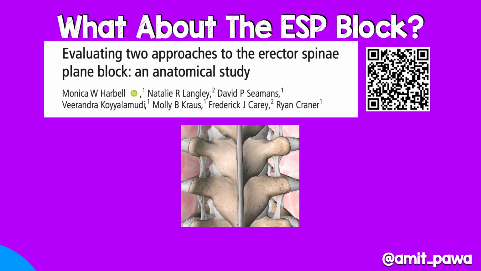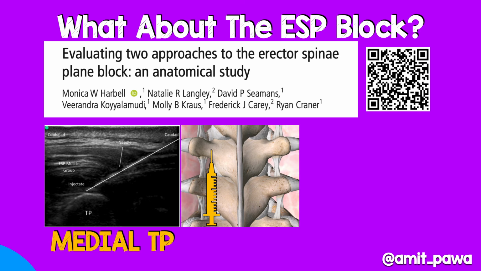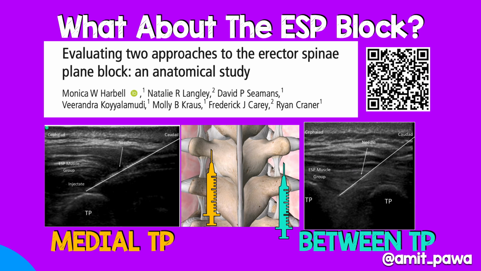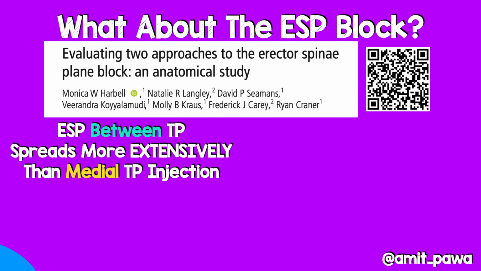So what about this erector spinae plane block? Well, there's a recent cadaveric study that evaluated two approaches. It evaluated a medial needle placement where you identified the transverse process and inserted your needle relatively medial along that transverse process, and they compared that to a needle placement between the two transverse processes. And when they looked at these two techniques, what they discovered was the erector spinae plane block that was placed between the transverse processes spread more extensively than the needle endpoint that was medial on the transverse process.